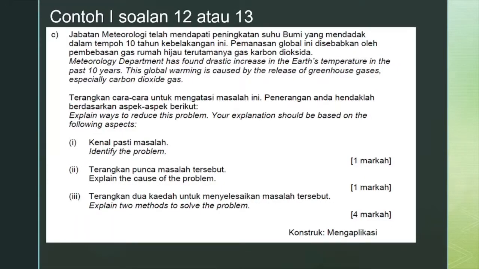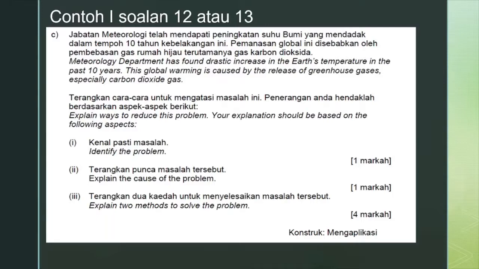Baik, kemudian untuk soalan yang ketiga pula. Untuk soalan yang ketiga, bagi contoh satu ya. Jabatan Meteorologi telah mendapati peningkatan suhu bumi yang mendadak dalam tempoh 10 tahun kebelakangan ini.